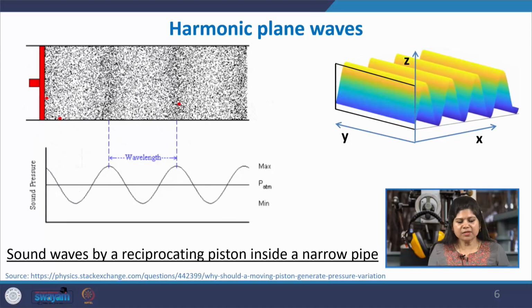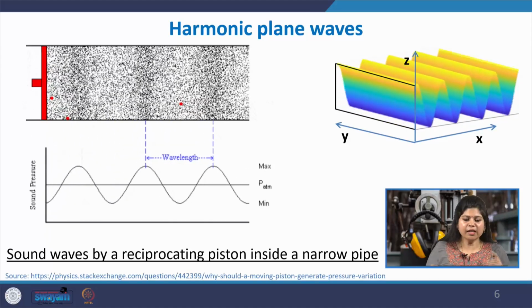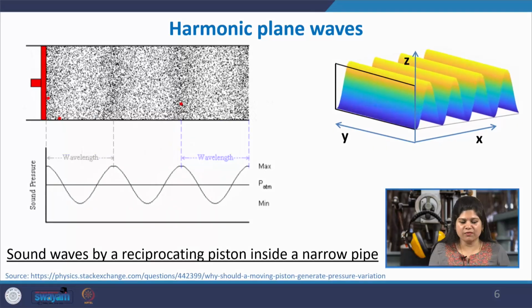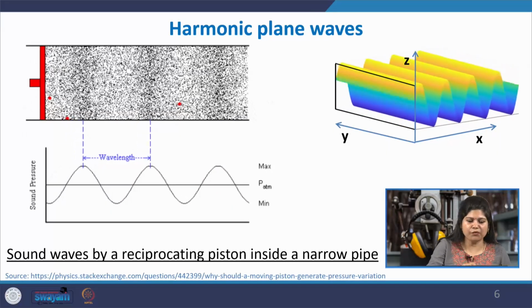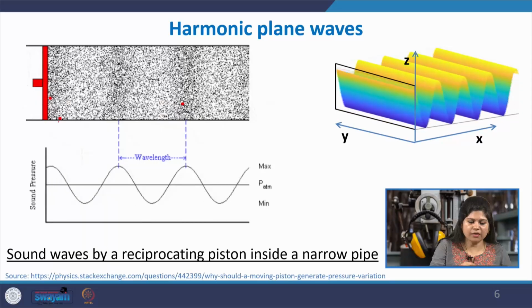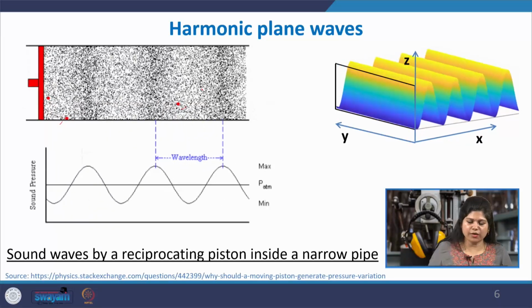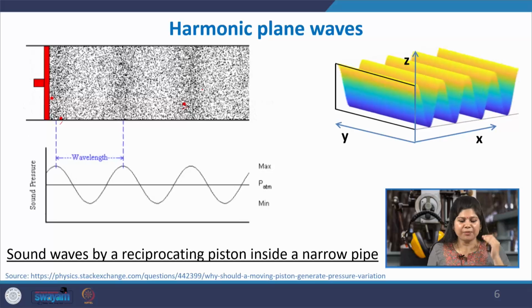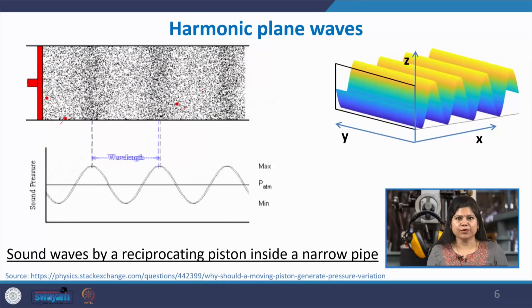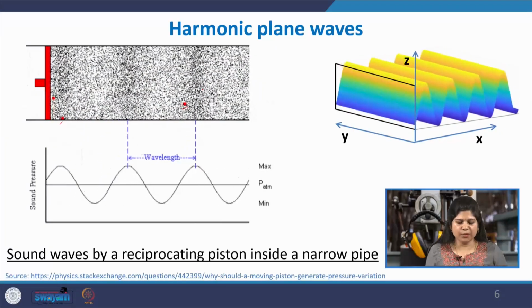In this situation, it is independent of the point where we measure the sound. Whether it is the first red dot, the second red dot or the third red dot, you will get a pressure wave of the same amplitude. The amplitude will not vary with distance.